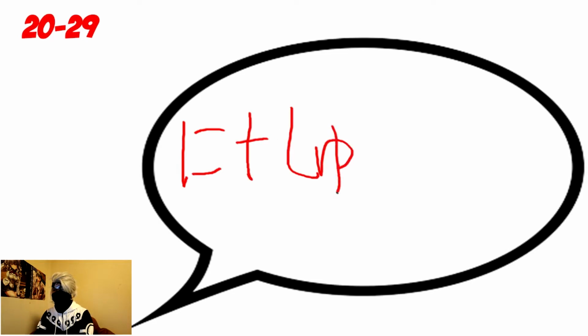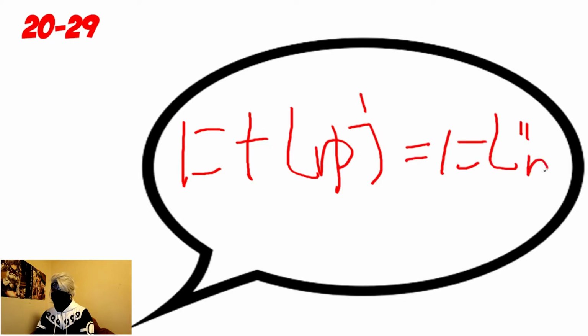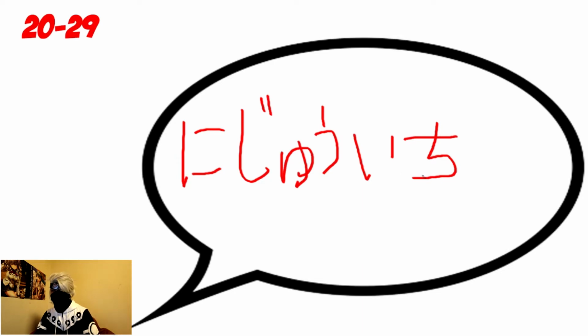So from 20, you just have to put ni plus ju to become nijuu. That's 20. 21, 22, 23, 24, so on and so forth until you get to 29.